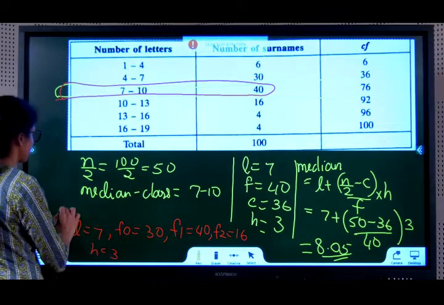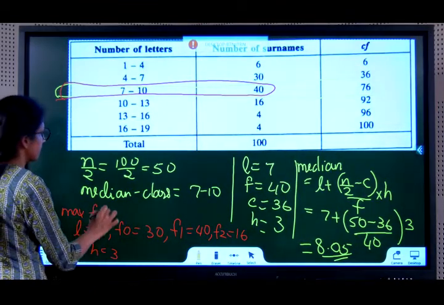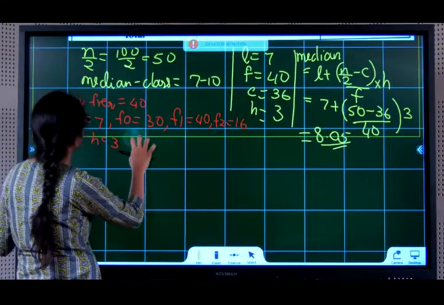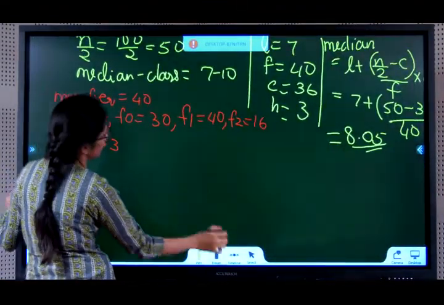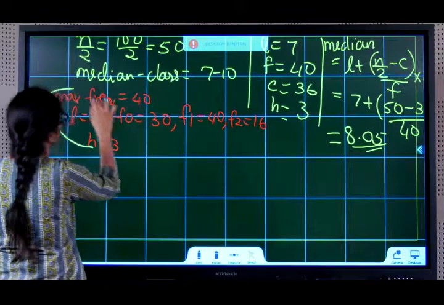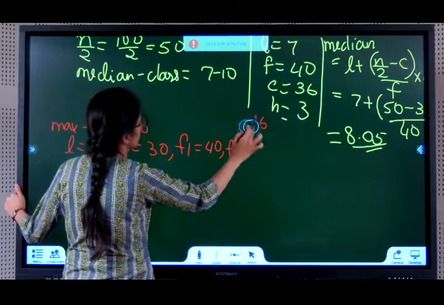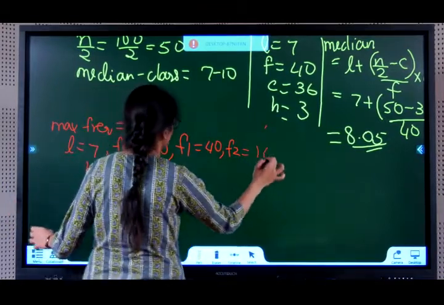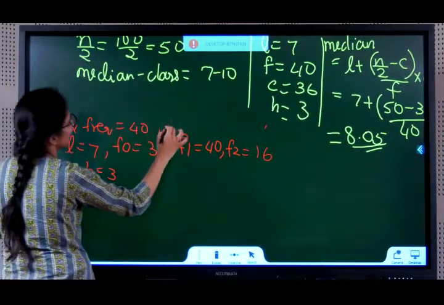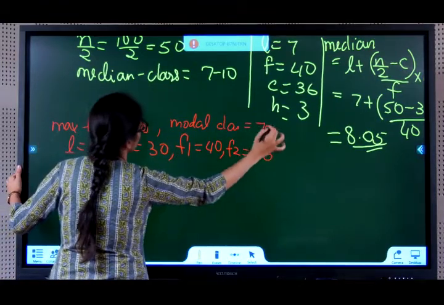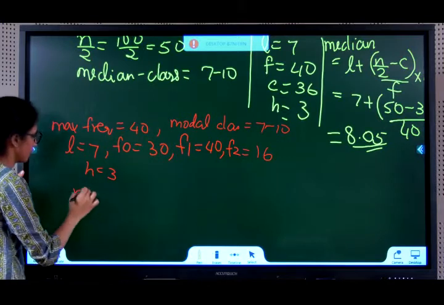How did we do this? Maximum frequency is 40, so the modal class was 7 to 10. Now substitute in the mode formula.